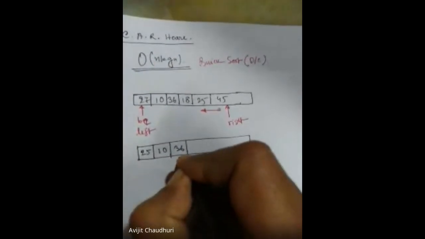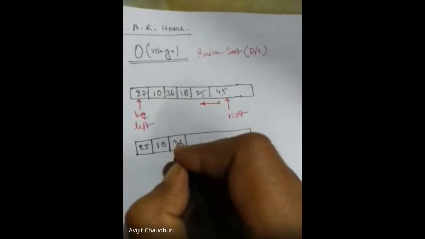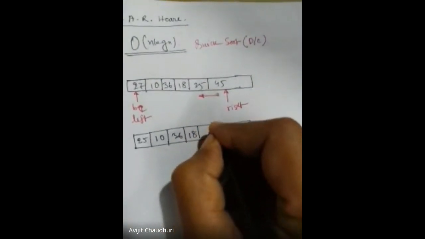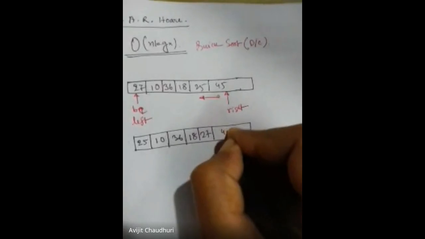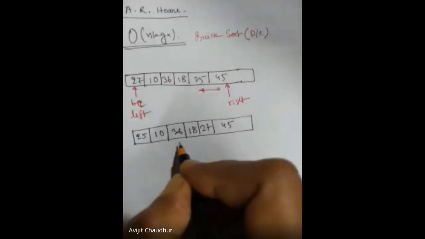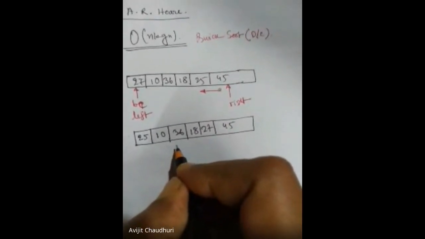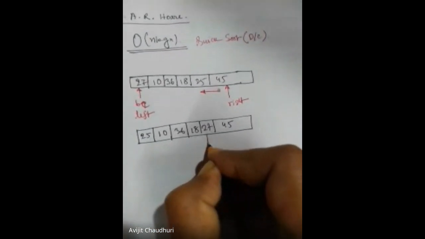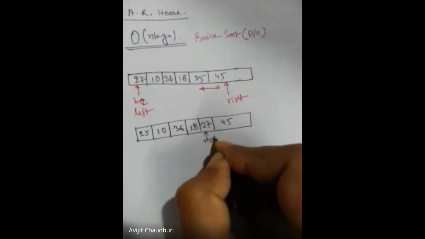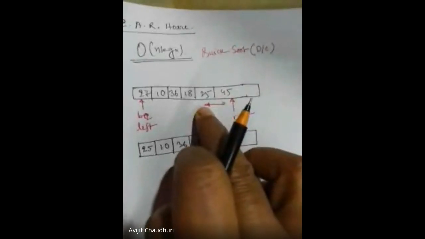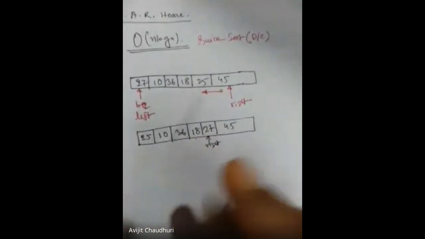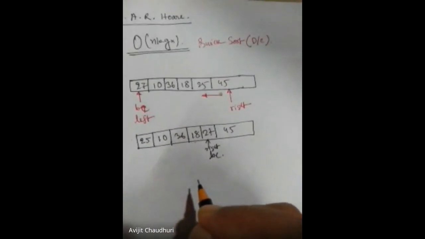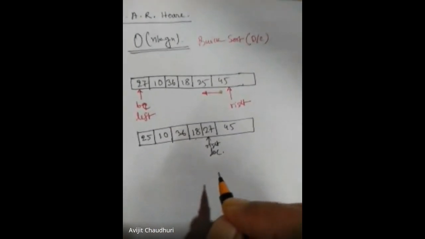So 25, 10, 36, 18, 27, 45. So here now right is over here because it scans up to that point, and from left the location comes over here.